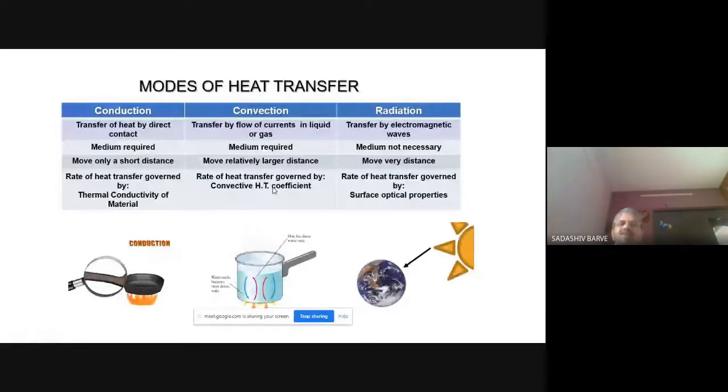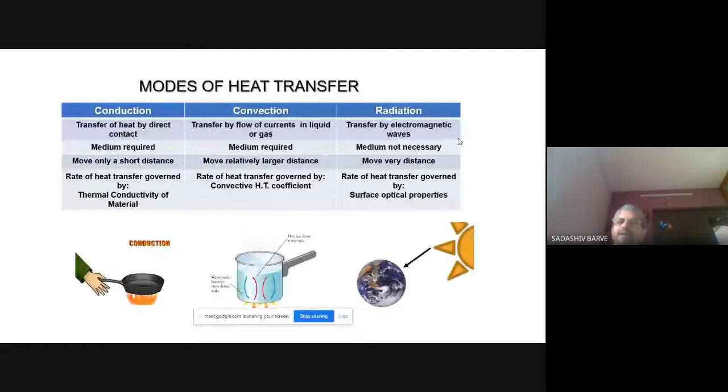In the case of radiation, the transfer of heat takes place by virtue of electromagnetic waves. Here, you do not require a medium. For example, whenever we stand outside in the hot sun, we get sun rays directly from deep space falling on our body.